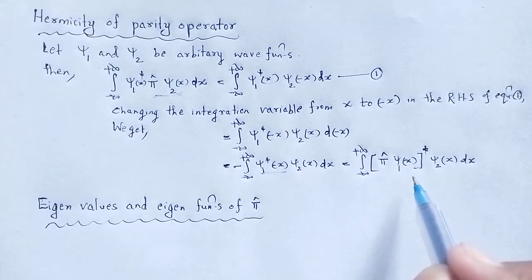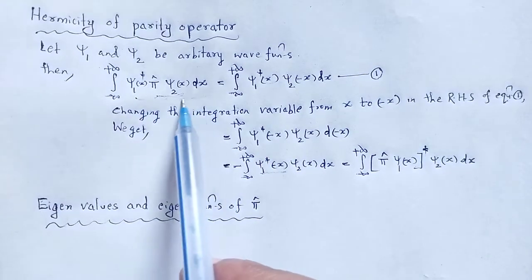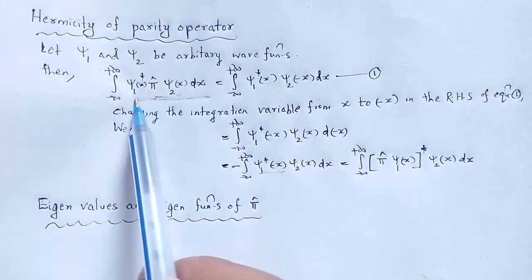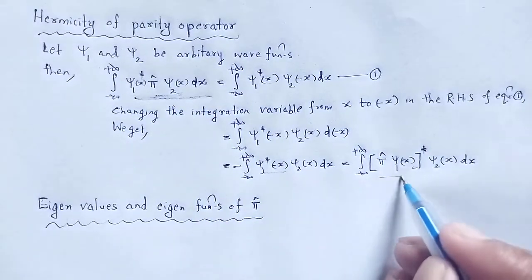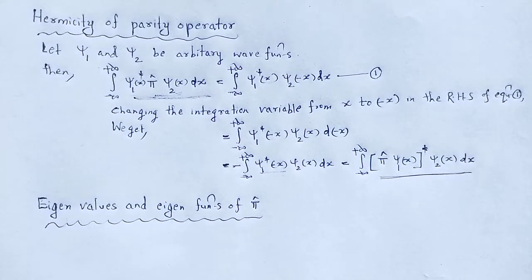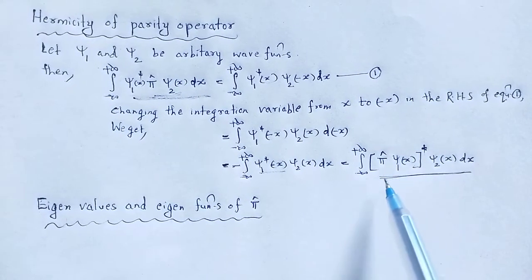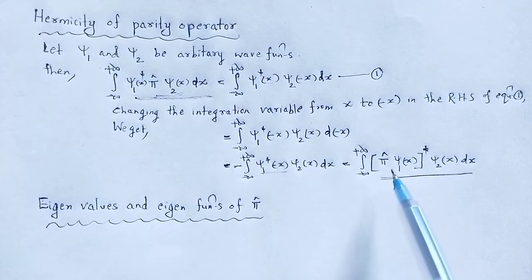What it indicates, look here, that particular integral can be written in that form. That form is nothing but the representation of hermiticity of a particular operator. This equation shows that the parity operator is Hermitian.